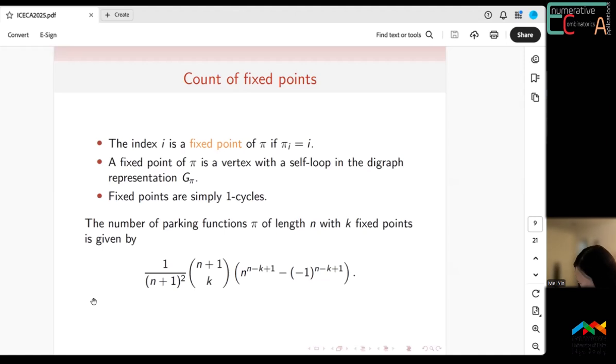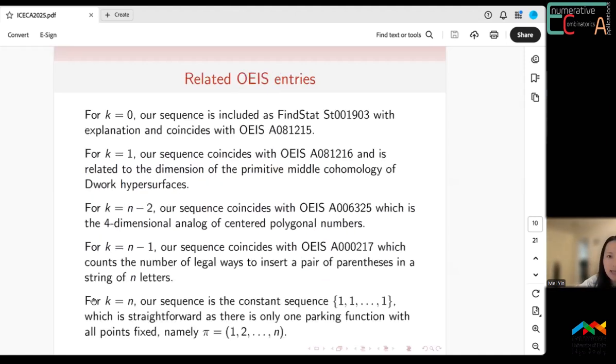But before that, let me talk about some related OEIS sequences. Because there is n and there is k, when we put in different k's together with the n's, we see that it pops up in different OEIS sequences.